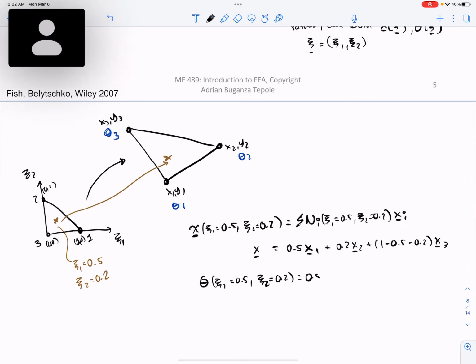And that one is the same. So 0.5 times the value of theta 1 plus 0.2 times the value of theta 2 plus 1 minus 0.5 minus 0.2 times the value of theta 3. And that will give us some value of theta that, I don't know, will correspond to some color.